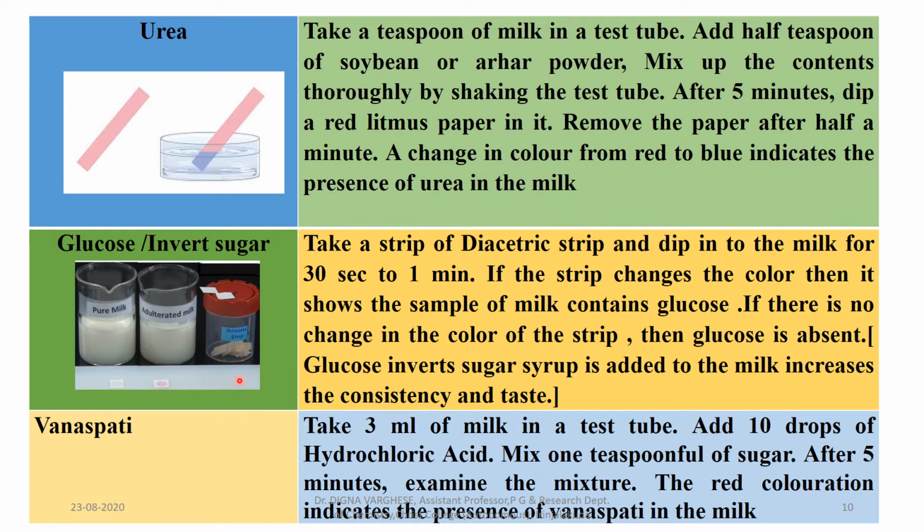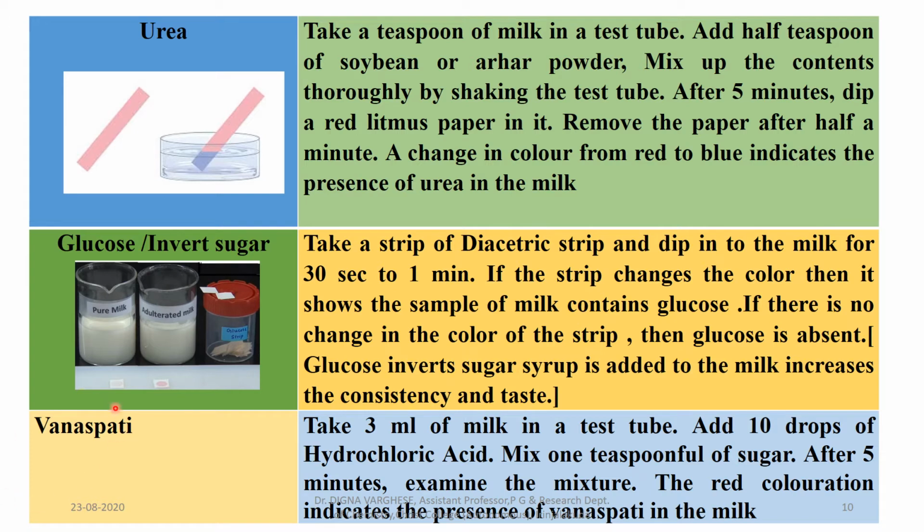By using a strip and dipping it into the adulterated milk, it will give a color change, that is pink color. That means the glucose is present in the sample, and the pure milk shows no such color.